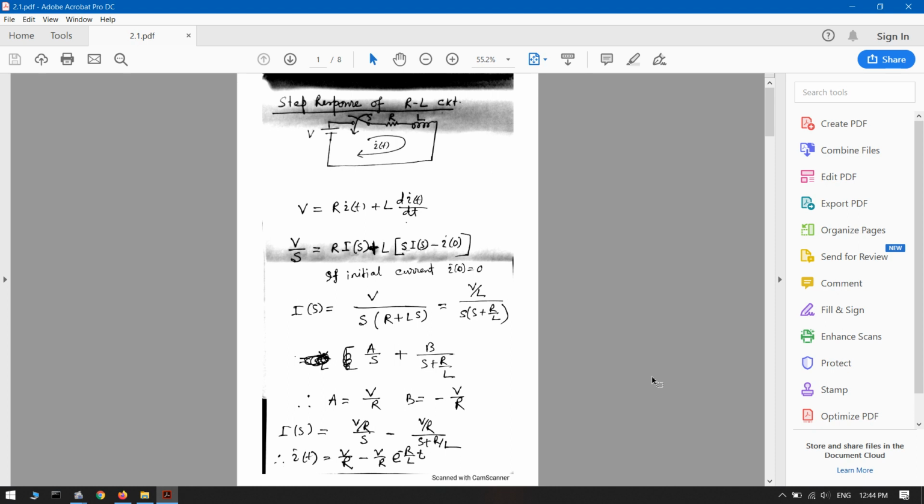Now we have to take the Laplace transformation, and since it is alpha into t, it becomes alpha by S square, and accordingly you have to solve. You have to see whether you are asked to find out step response, impulse response, sinusoidal response, ramp response, or exponential response. Depending on that, you have to select your input voltage.